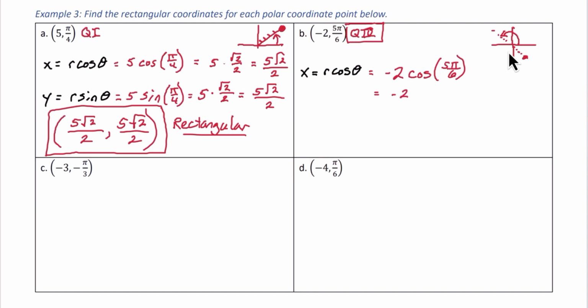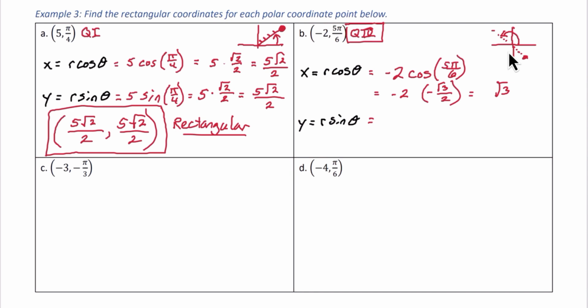Cosine of 5 pi over 6, again, unit circle practice there, that would be negative square root of 3 divided by 2. So that is root 3. And then the formula for y is r sine theta.